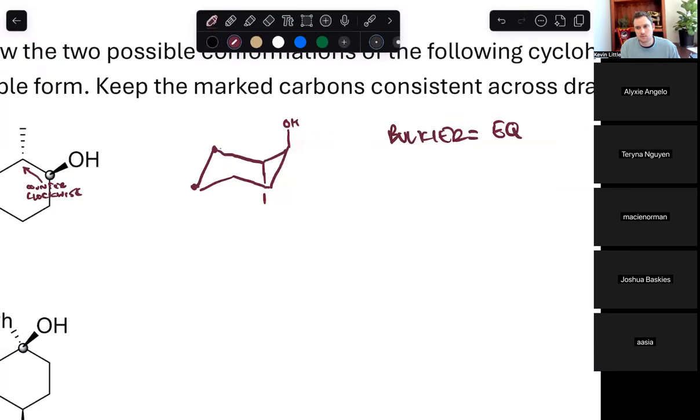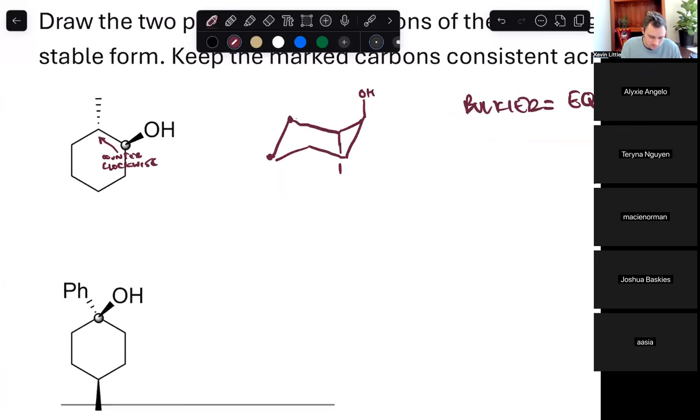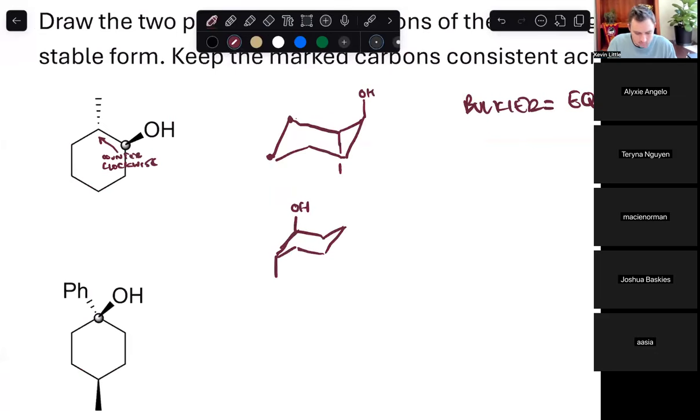I'm going to set that boundary, not because it's useful for you, but because it's very useful for grading. And this would be the same as this. Oh, what a bad chair structure. If I wanted to do this OH methyl, these are the same molecules. I've just turned it.